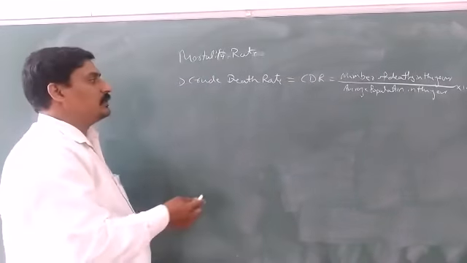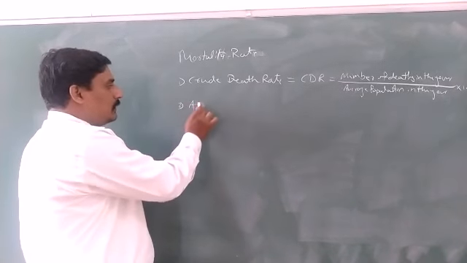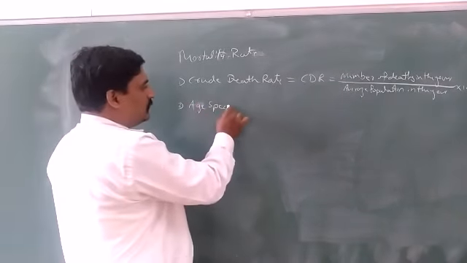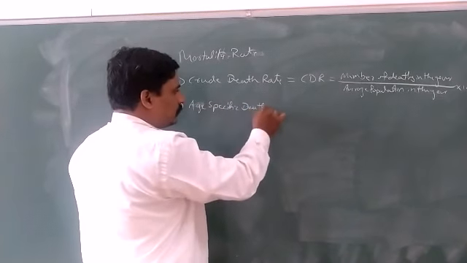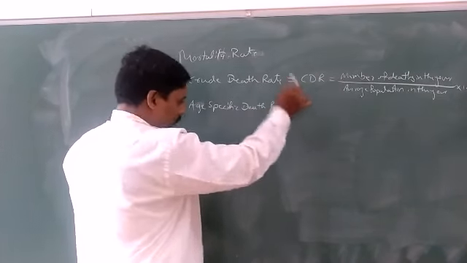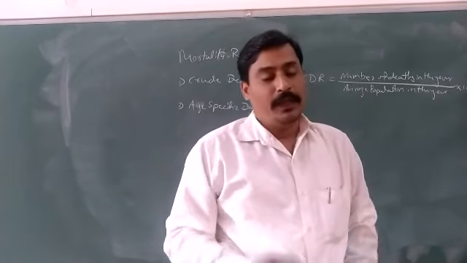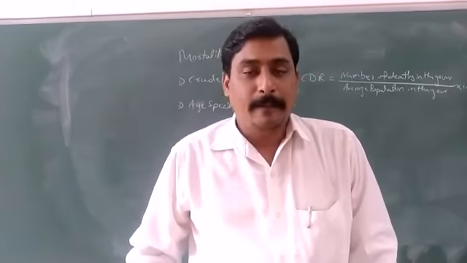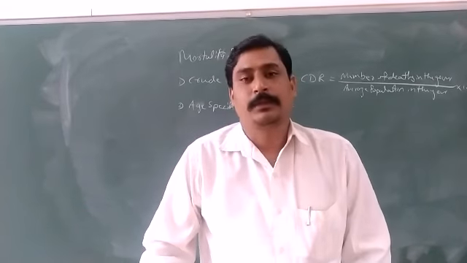The next concept, the second one, is age specific death rate. It is the same as ASFR, where we studied fertility rate according to age or different age groups.